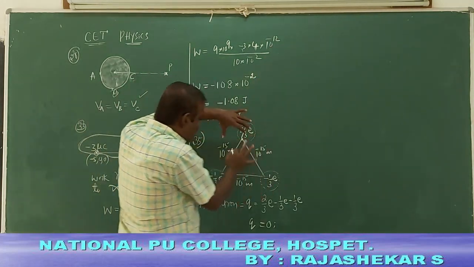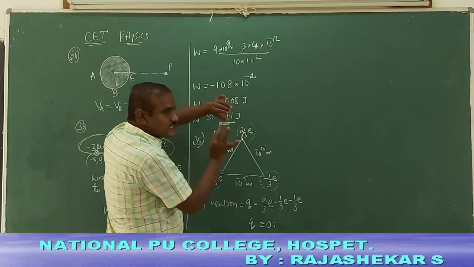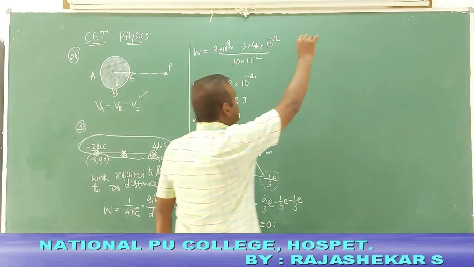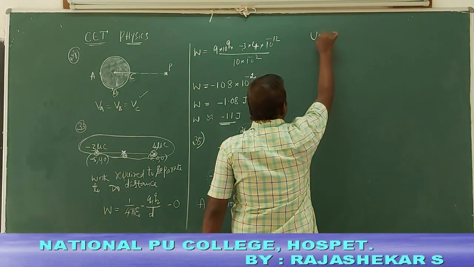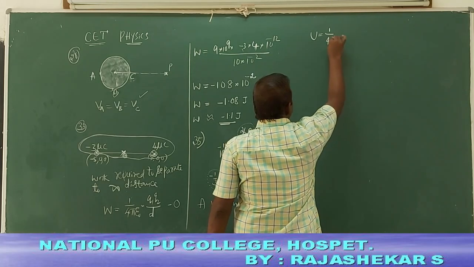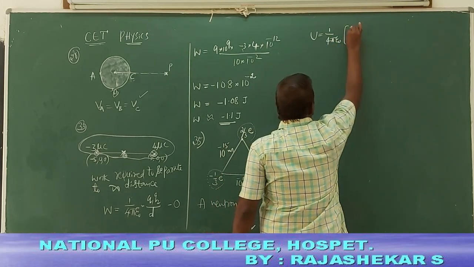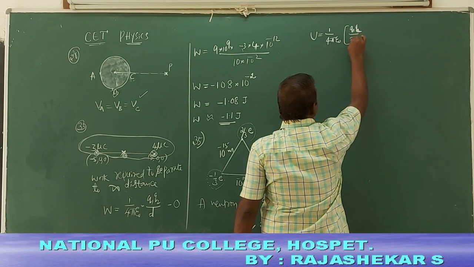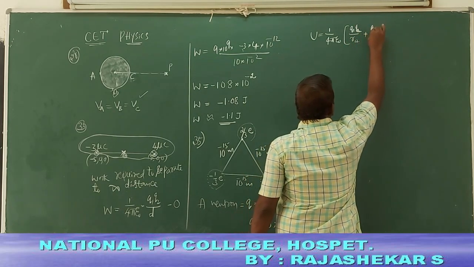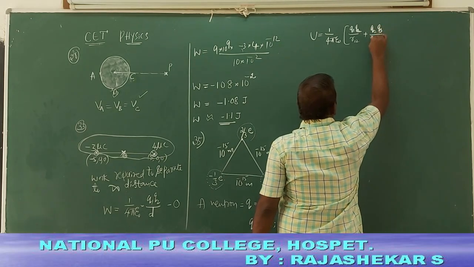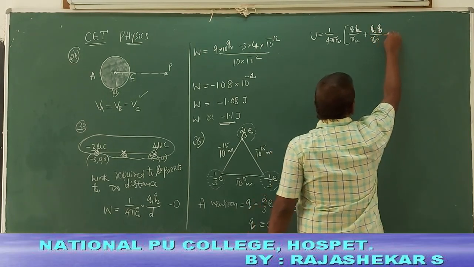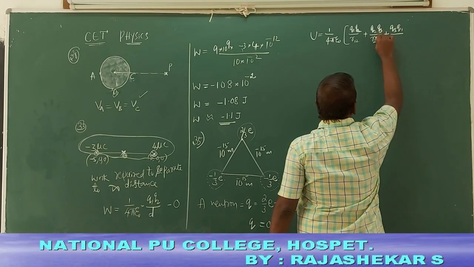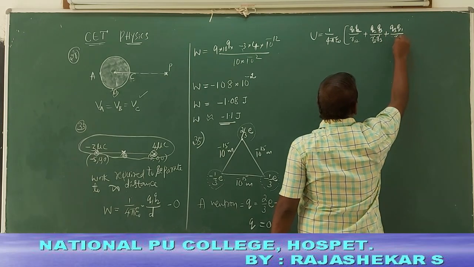Now what is the electrostatic potential energy of the system of these three charges? Here is the answer. U is equal to, general formula I write, students, 1 by 4 pi epsilon naught into Q1 Q2 divided by distance R12, plus Q2 Q3 divided by R23, plus Q3 Q1 divided by R31.